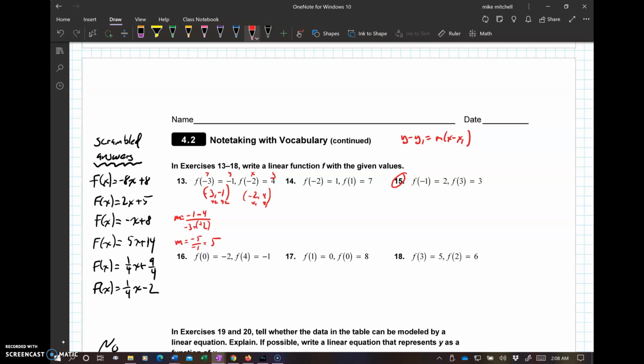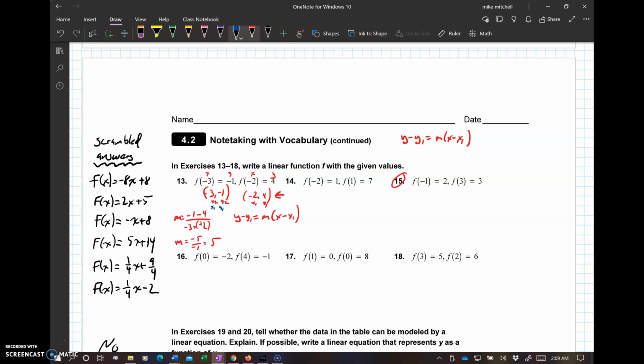Now you can use either one of these points. It's going to work. So when we do y minus y1 equals m times x minus x1, again, I'm going to use this point that's already labeled x1, y1. You could use this as your x1, y1 if you wanted to. It's your choice.